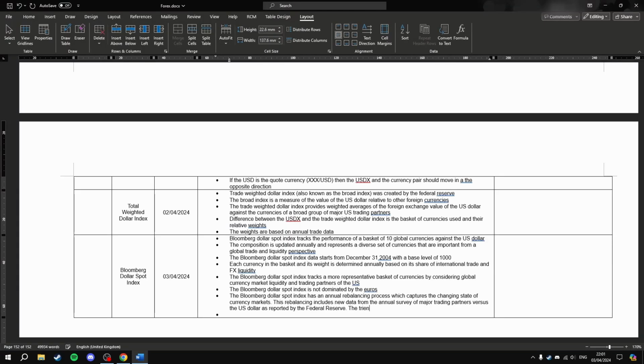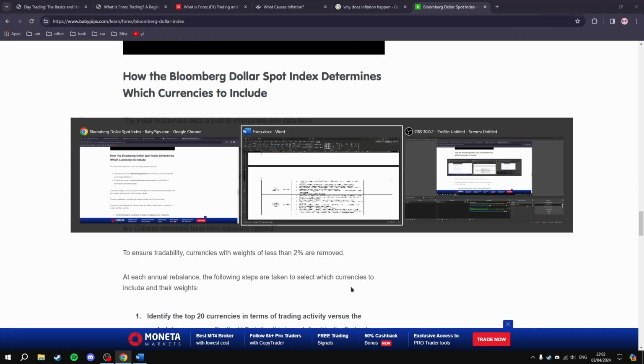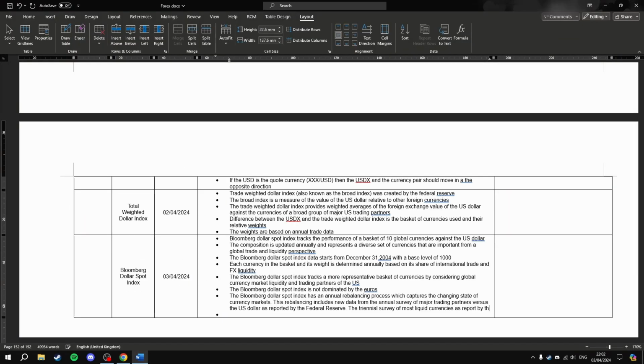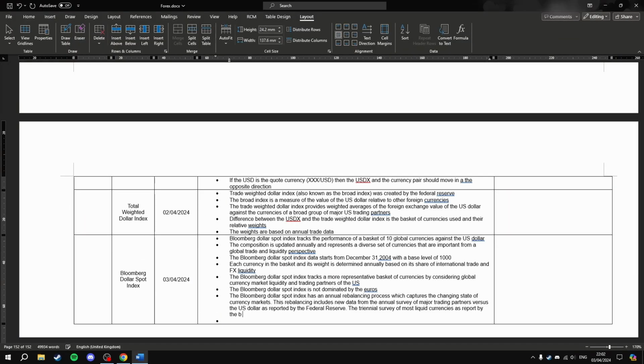The triennial survey of most liquid currencies as reported by the Bank for International Settlements.